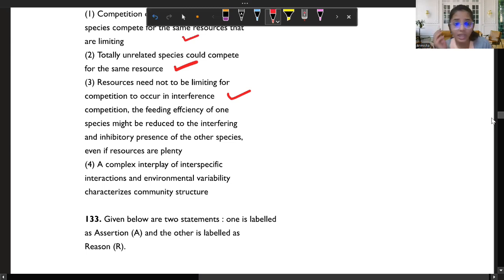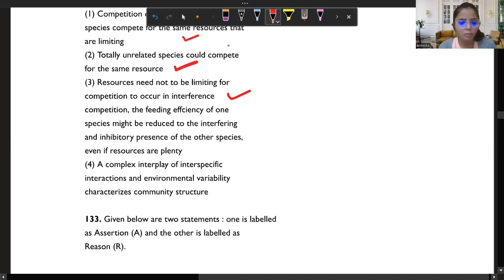Competition can occur in absence of limiting resources also. And what happens in such cases? One species interferes with feeding capabilities of another species, and this gives inhibitory effect to the feeding capabilities of other species. Okay, even if the resources are plenty for both of them.